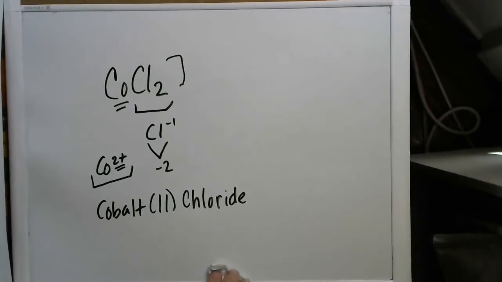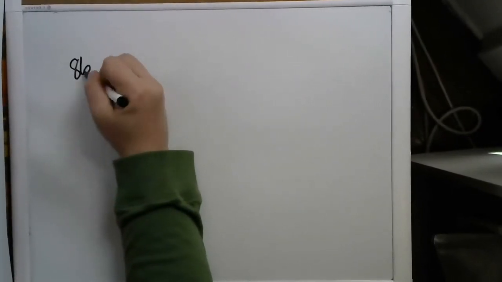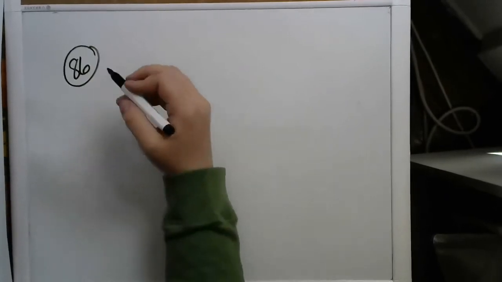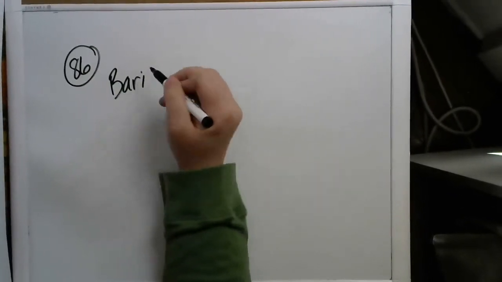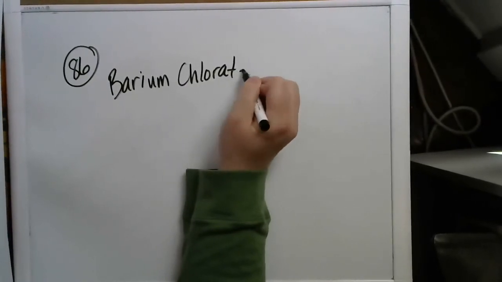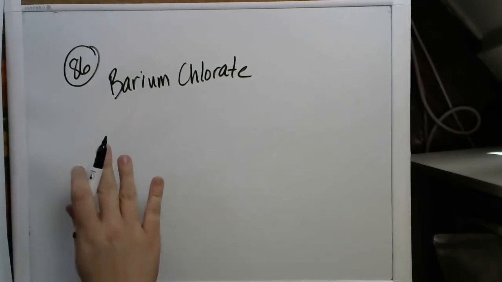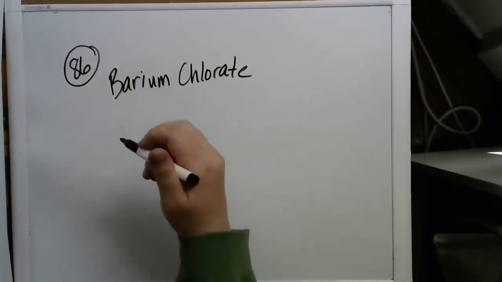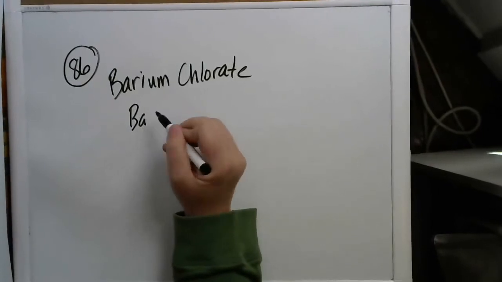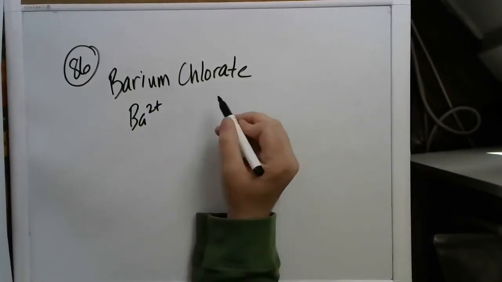Okay, number 86. What's the correct formula for barium chlorate? Okay, so now in this case, they're giving us a name. And again, you always want to start this by writing out the name because you want to be able to write the charges of each of the ions directly underneath the name. So I have my barium here, which is Ba2+. Barium's always Ba2+.